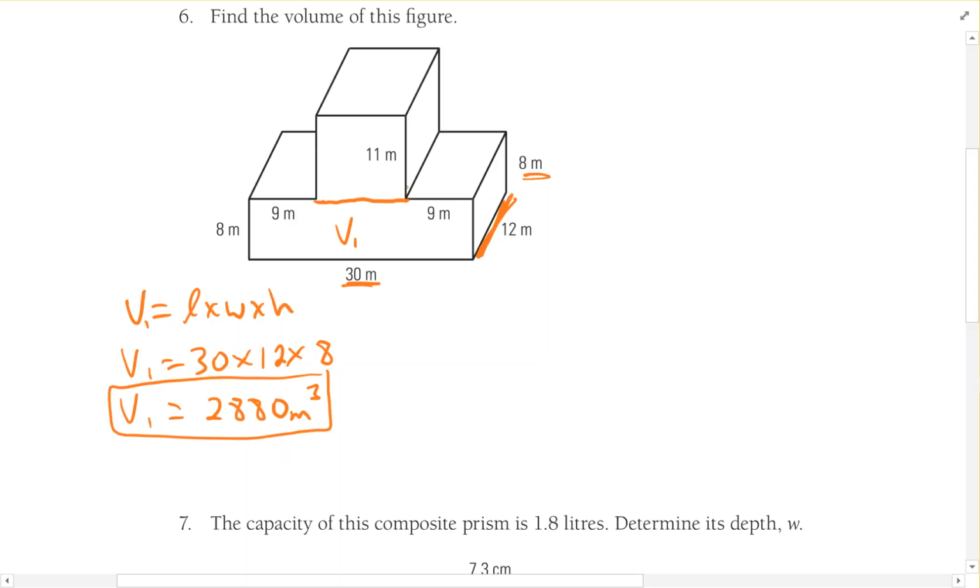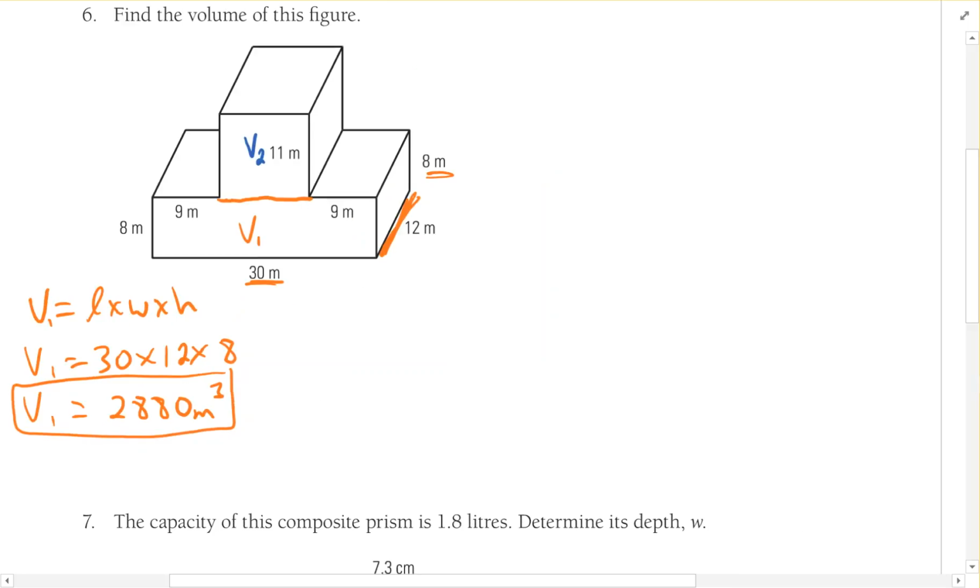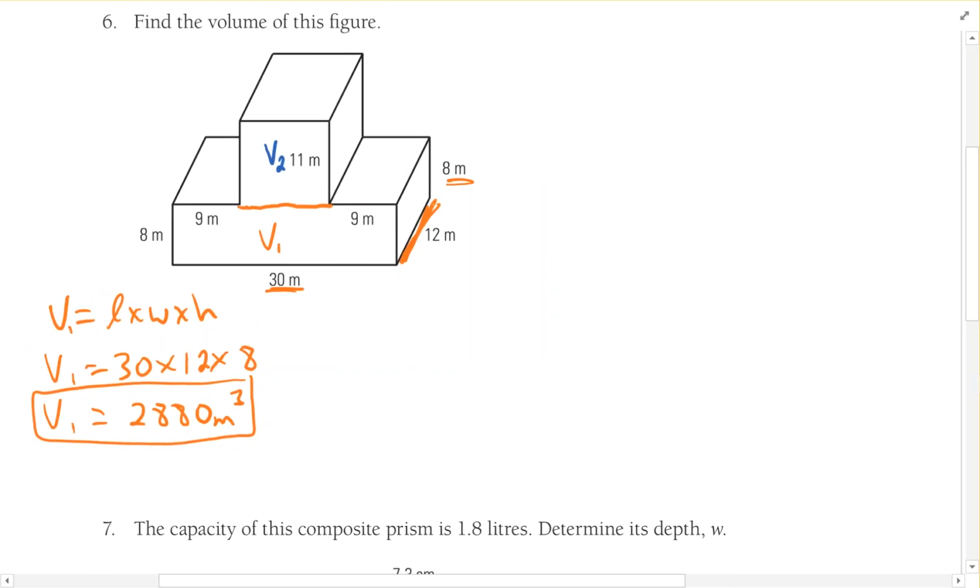We're going to have to add that to the volume of this other one. I'm going to call this one V2, the volume of this top box. This one we have to figure out a little bit more. What's our width? We can figure that out pretty easily. It's 30 from there to there, and 9 from there to there and there to there.